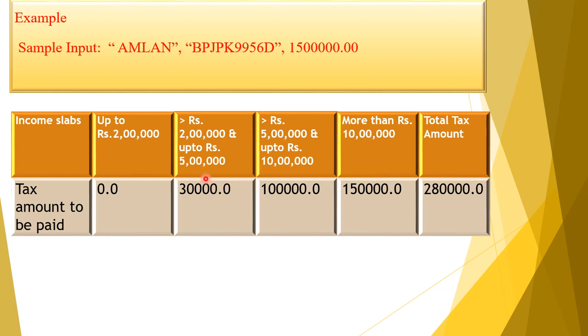So here Amlan's annual income is rupees 15 lakh. So of course it lies in the third slab. That means income is more than 10 lakh.